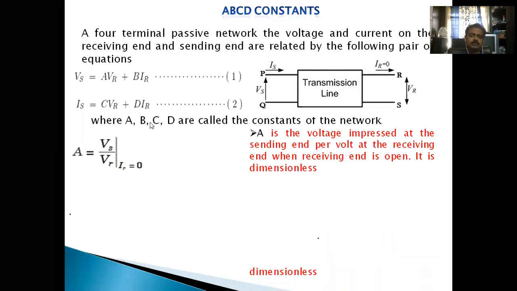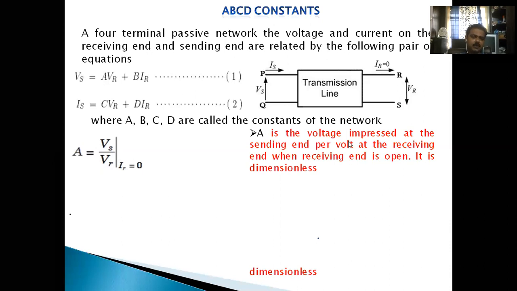Now, how to find A? Simply by open circuiting the receiving end, so IR is equal to 0. Directly you will get A is equal to Vs by Vr. Similarly, open circuiting the receiving end, C is equal to Is by Vr. If we assume Vr is unit value, A is equal to Vs at IR equal to 0.